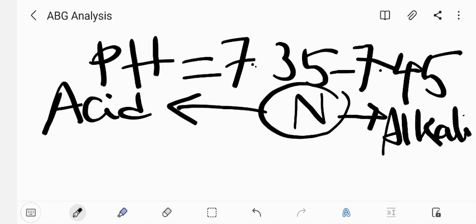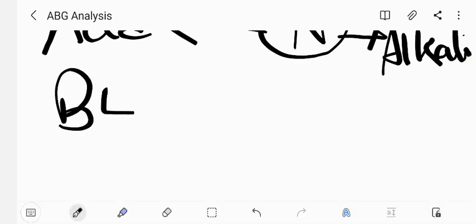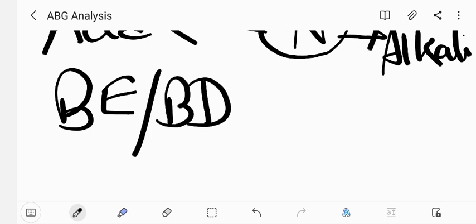Now another important value, it is not a direct value, it is derived: base excess or base deficit. I have said that the normal bicarbonate value is around 22 to 26 milliequivalent. We can consider it 25.